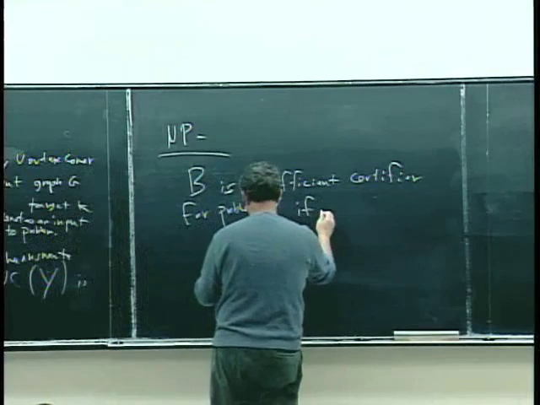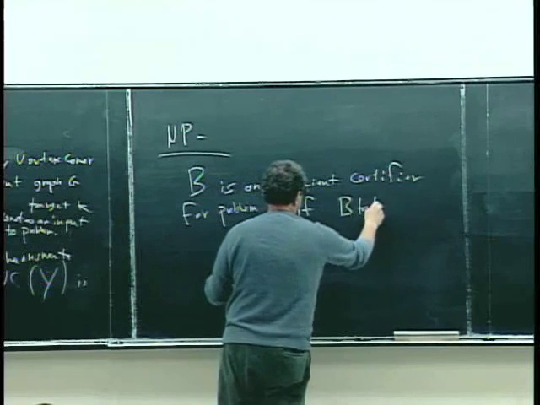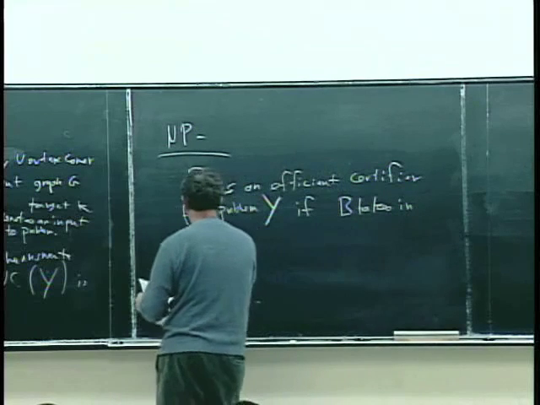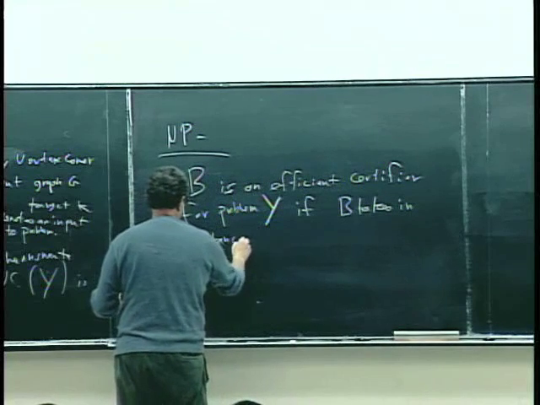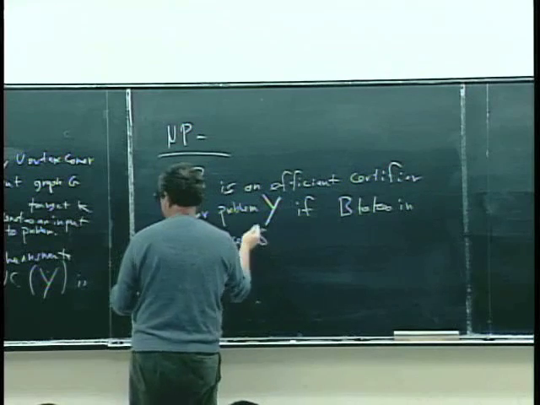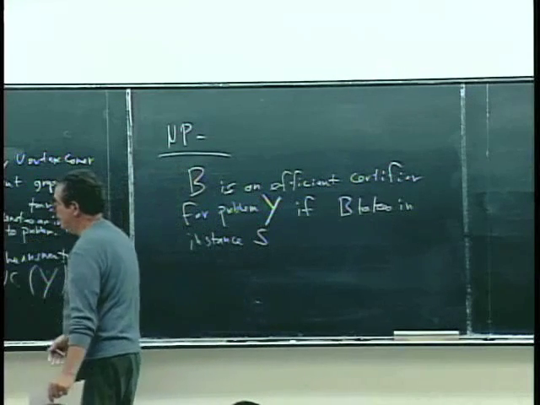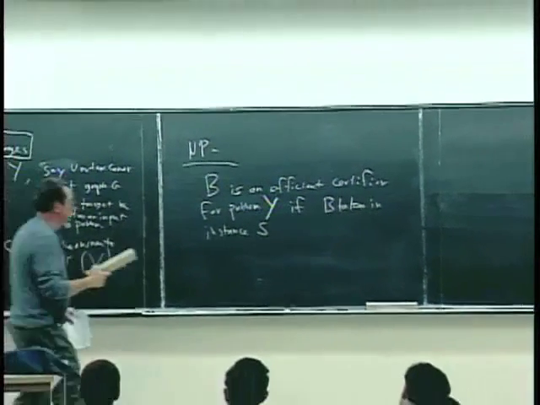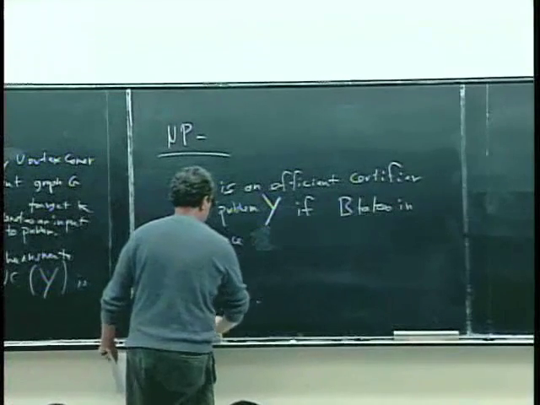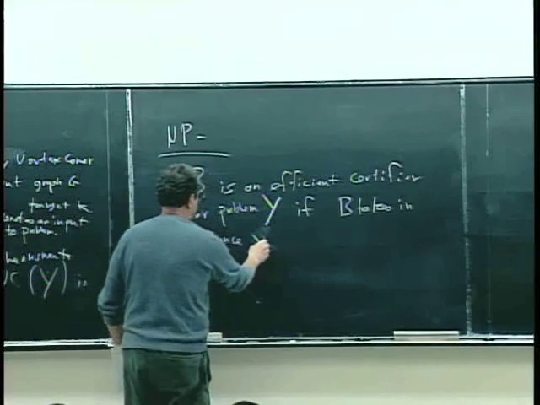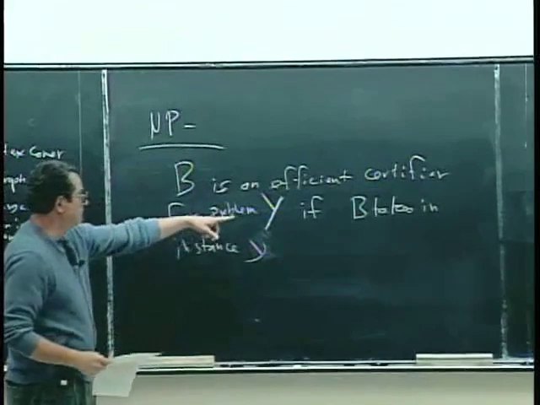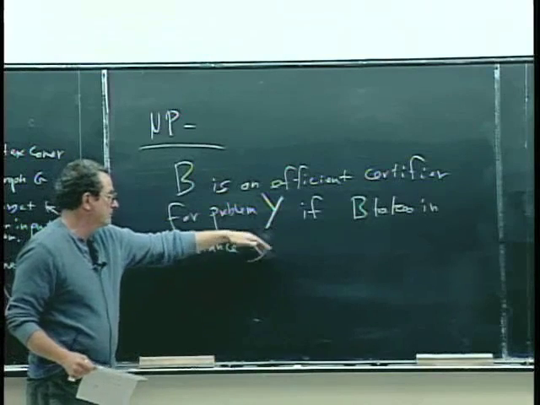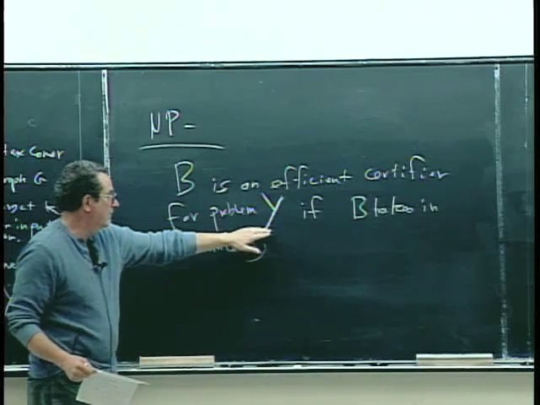If B takes in instance S, so, well, let me, now I'm deviating, I guess, from the book, but I'll be a little closer to what I've put up here. So we'll call little y an instance, okay? So B takes in an instance of that problem, or language, and it has to decide.